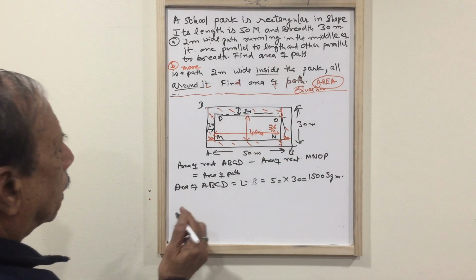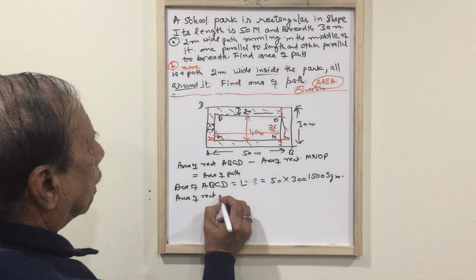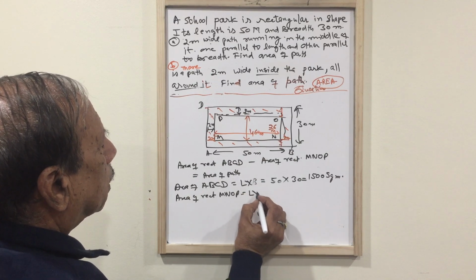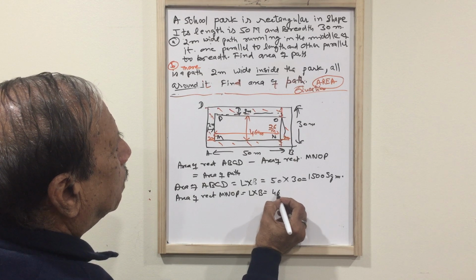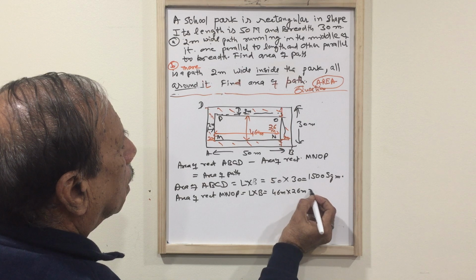So we can find the area of rectangle MNOP, which is equal to length into breadth, where the length is 46 meters and breadth is 26 meters.